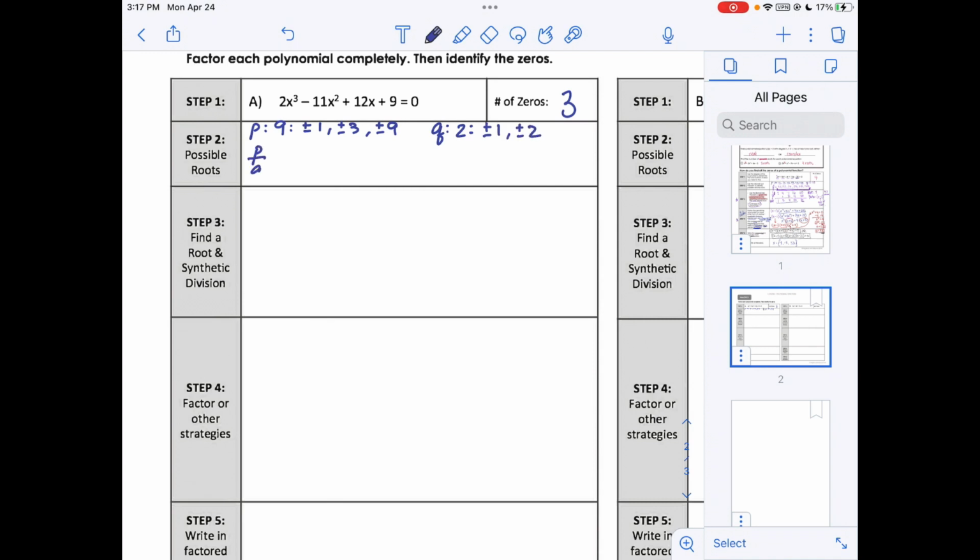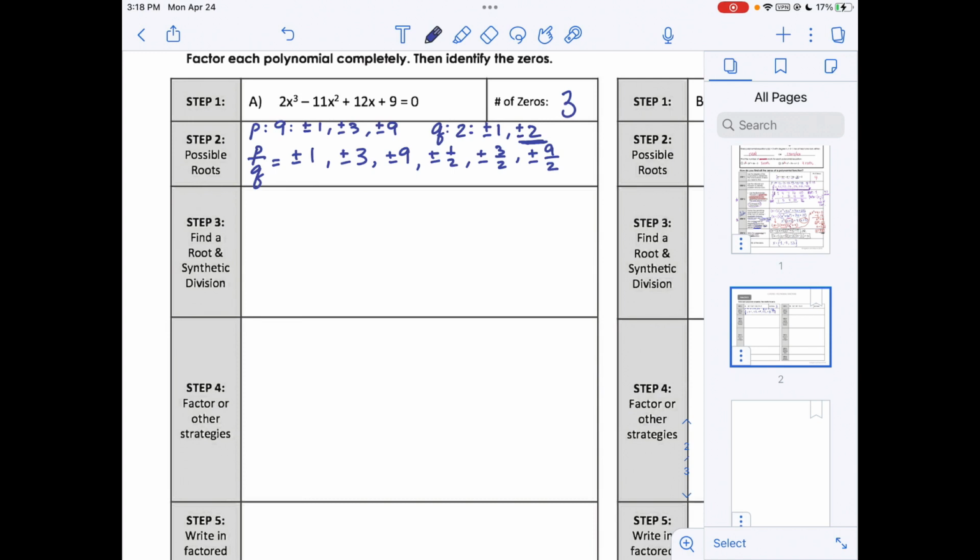So if we put P over Q, then we would have plus or minus 1 over 1 is 1, plus or minus 3 over 1 is 3, plus or minus 9 over 1 is 9, and then plus or minus. The rest will be in fractions because none of them are divisible by 2, so it'd be plus or minus 1/2, plus or minus 3 halves, and plus or minus 9/2.